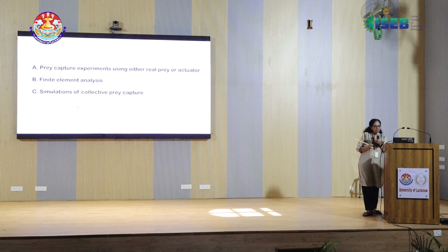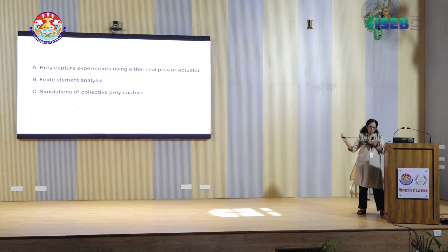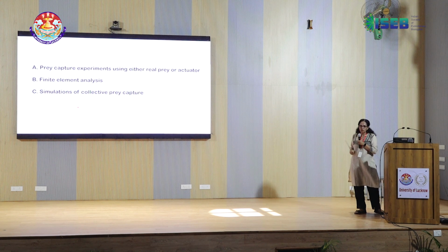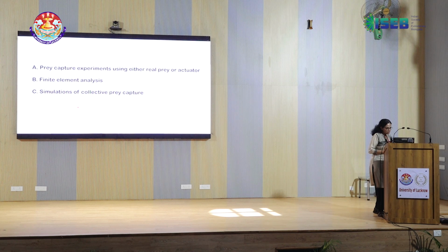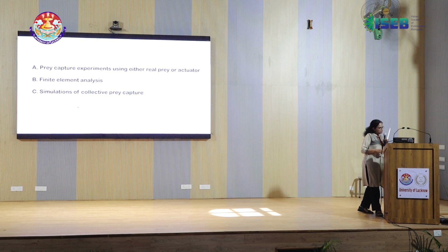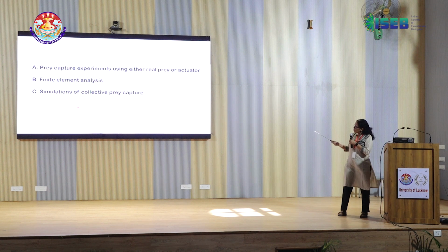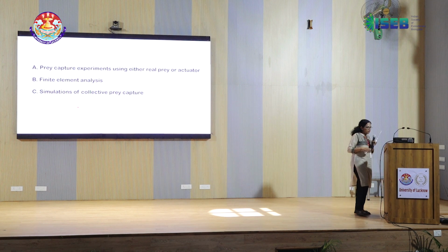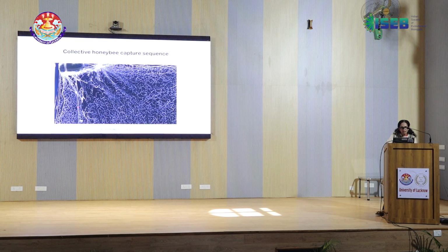This actuator can produce a range of vibrations, with which we could do a number of controlled experiments. We also used finite element analysis, which I will tell you a little more about in a moment. And based on our experimental data, we also performed simulations of collective prey capture.